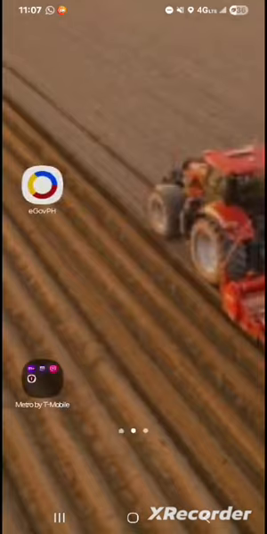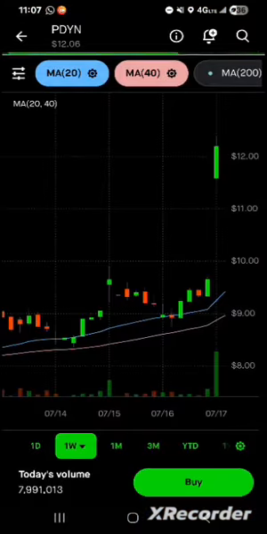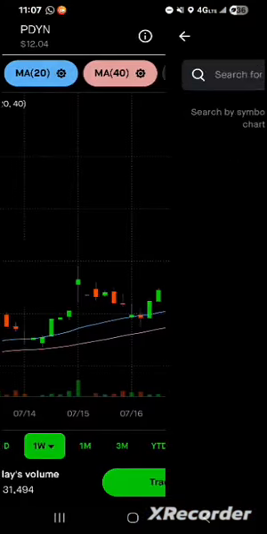BRCC. Okay, we see a cross happen right here, but that was a bearish direction. So we want to stay away from this altogether.